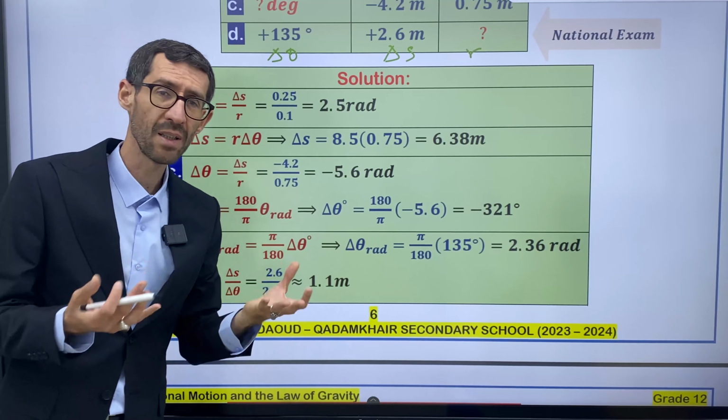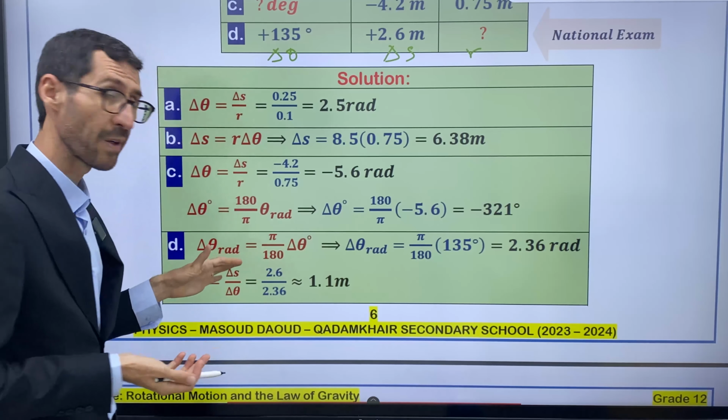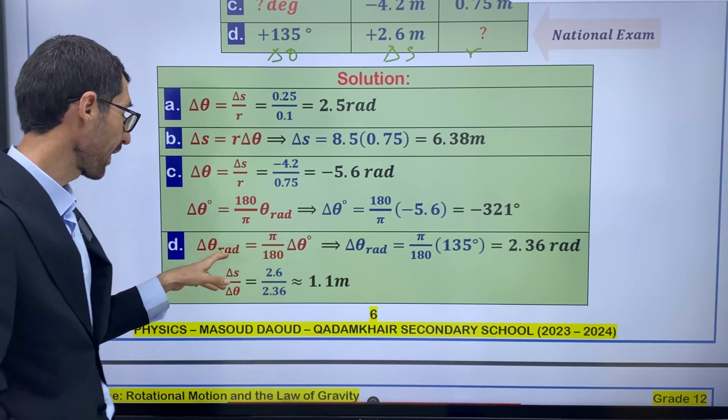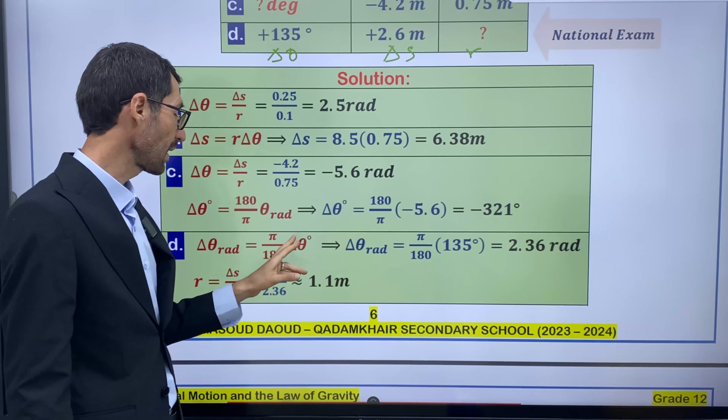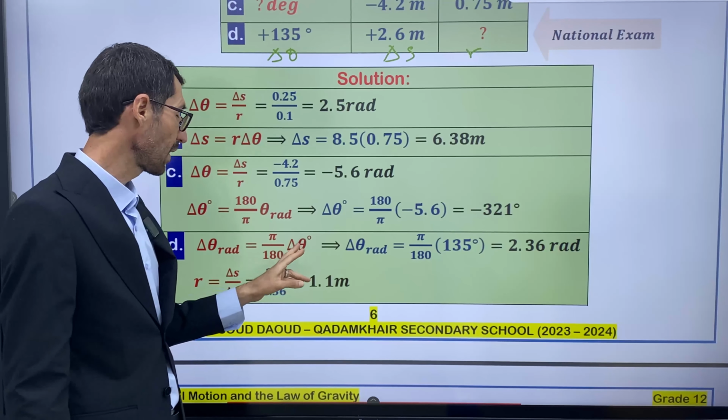By using the old rules that we learned in previous lessons. Delta theta in rad is pi over 180 multiplied by delta theta in degree. Firstly, you have to convert degree into rad. That's the first step.